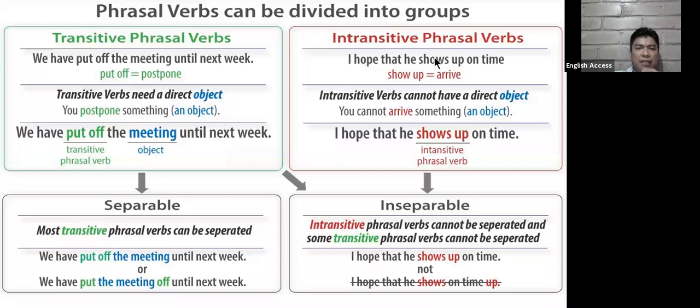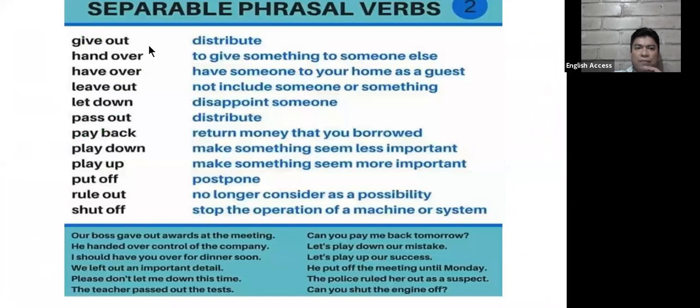This is the complete slide, and these are some separable phrasal verbs. For example, give out. Give out means distribute. The example is, our boss gave out awards at the meeting. What if we separate them?